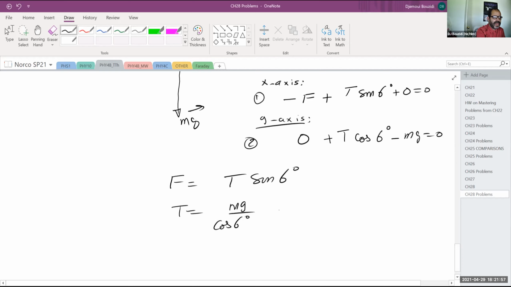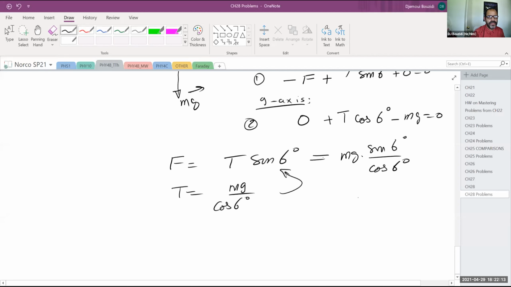So if I plug this in here, this becomes mg times sine of 6 degrees divided by cosine of 6 degrees, and that is the tangent of 6 degrees.